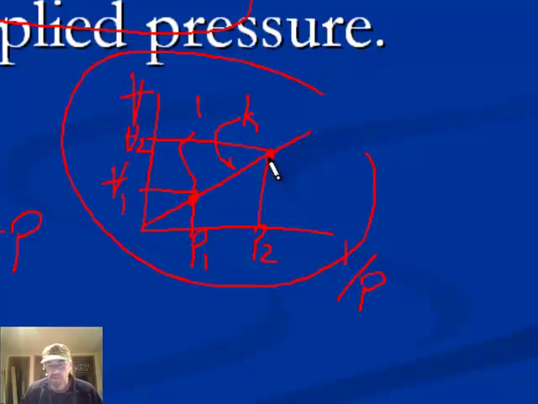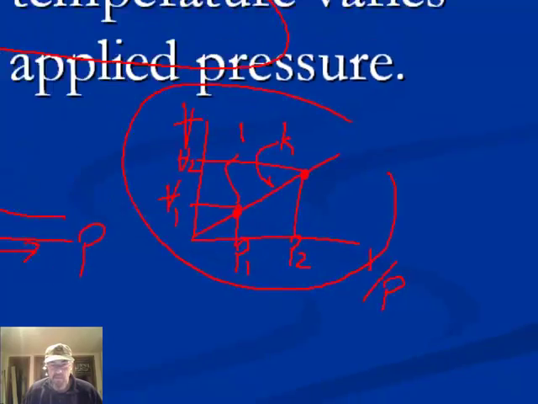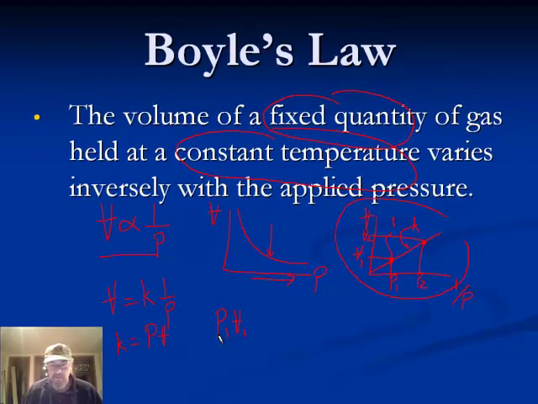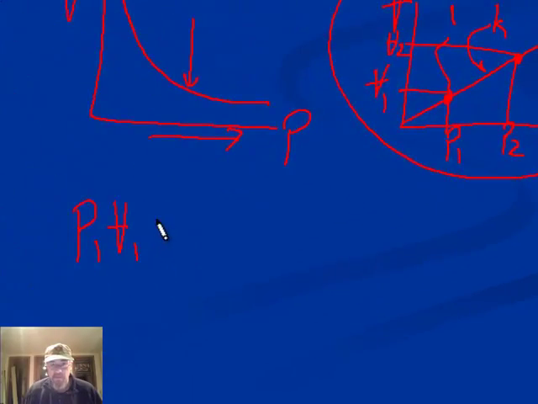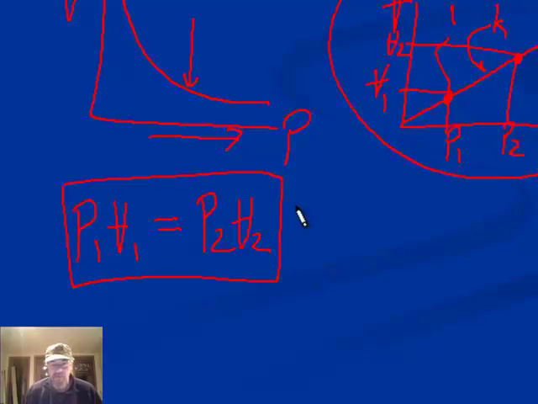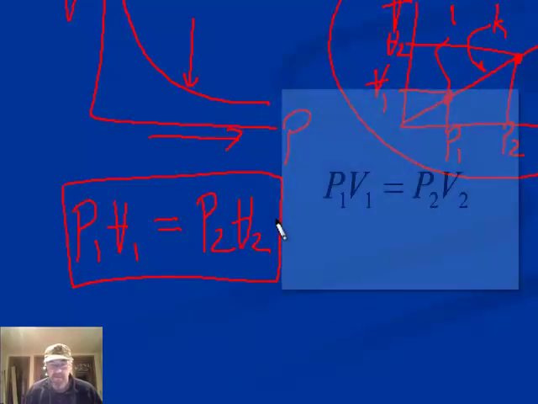Both of these points, the product of their pressure times their volume is equal to the same K because they're on the same line with the same slope. So that tells us that P1 times V1, the product of pressure and volume for one condition, is equal to P2 times V2. So this is a useful relationship. It's called the two-point form of Boyle's Law that you can use to solve all kinds of problems.